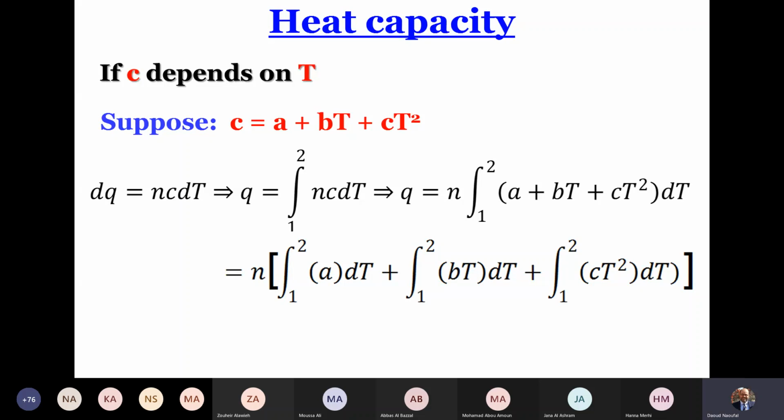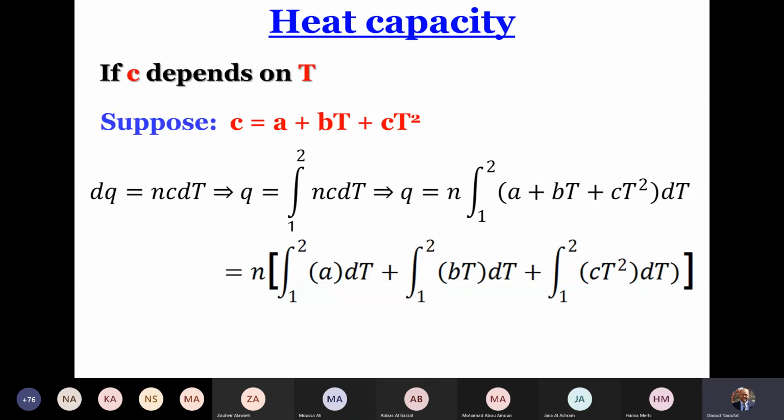First, it depends on the amount, M or N: the mass, if the exercise is described according to the mass, or the number of moles if the exercise is described according to the number of moles. Q is directly proportional to the amount. As the amount of a substance increases, we need more energy to increase its temperature.